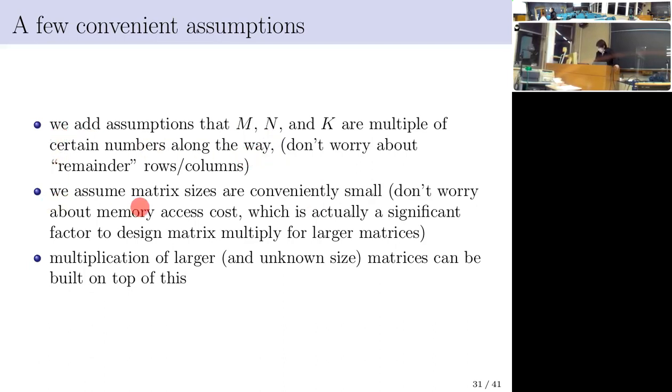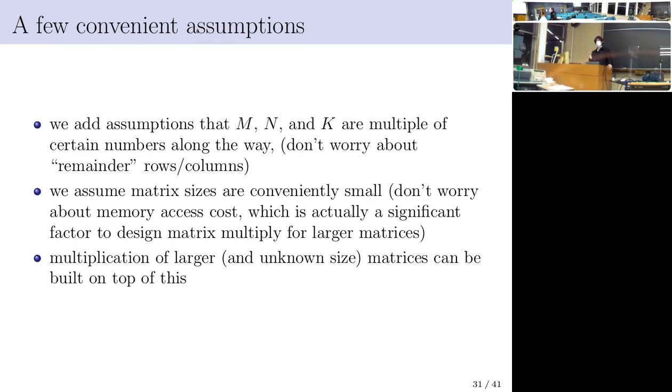And we also assume that matrix sizes are conveniently small. The reason I need to introduce this assumption is that if the matrices are very large, they do not fit in the cache. And the cost of the matrix multiplication may be affected by the cost of getting data from memory rather than what happens inside the processor.